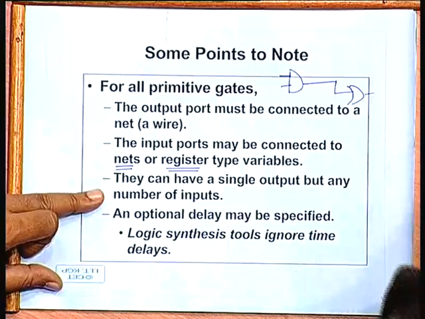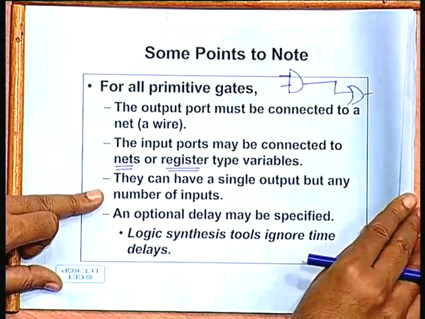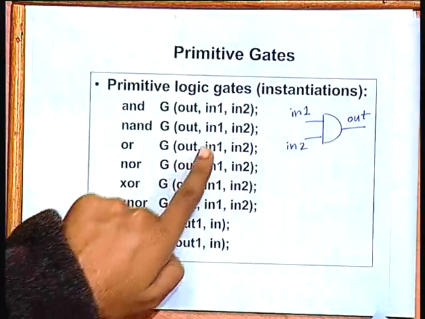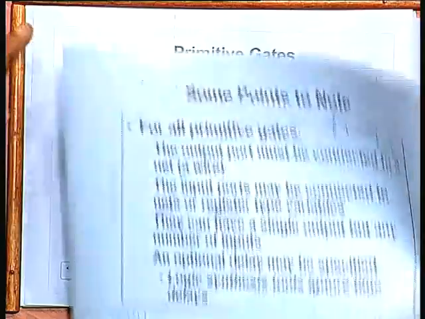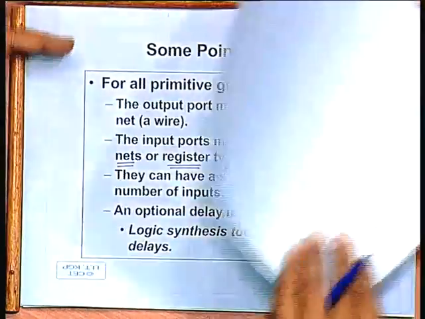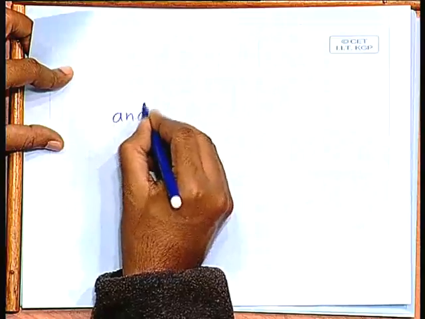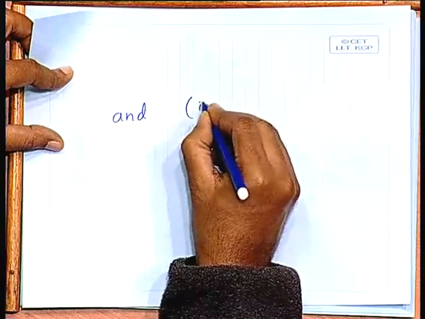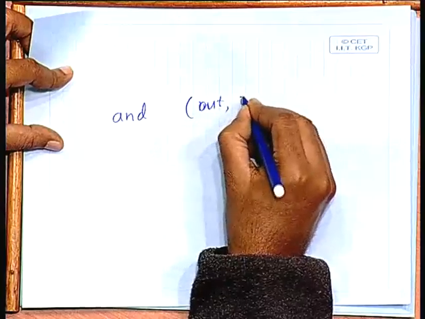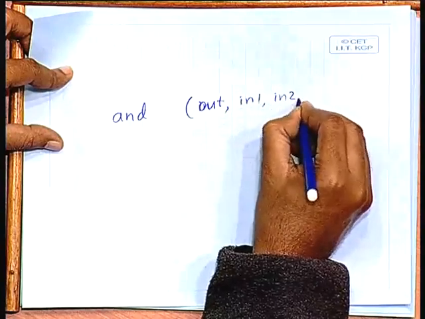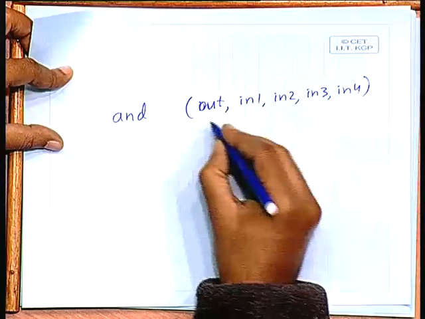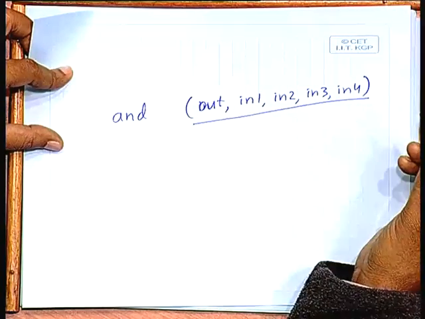So, this primitive gate, as I have said, has a single output but any number of inputs. In the examples we have seen, the gates all have 2 inputs, but you can also have a gate declaration, say AND, which will have an output and, for example, 4 inputs. So, you can use any number of parameters you want.